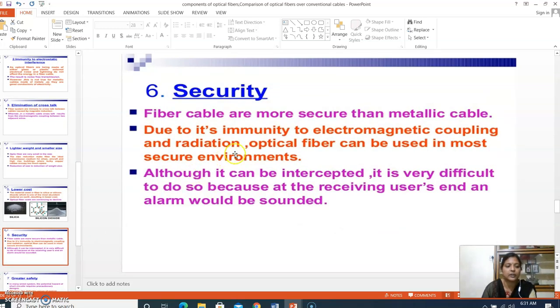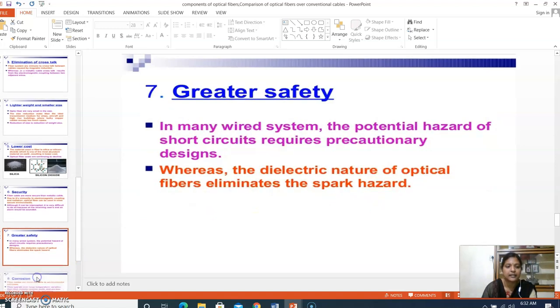The other point is security. Fiber cables are more secure than metallic cables due to their immunity to electromagnetic coupling and radiation. Optical fiber can be used in the most secure environments. Although it can be intercepted, it is very difficult to do, because at the receiving end an alarm would be sounded. The seventh point is greater safety.